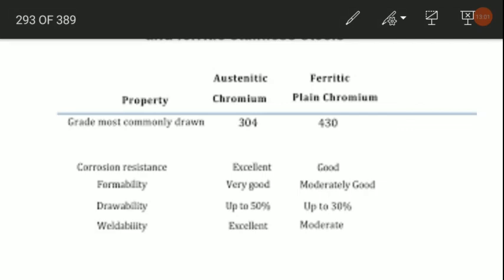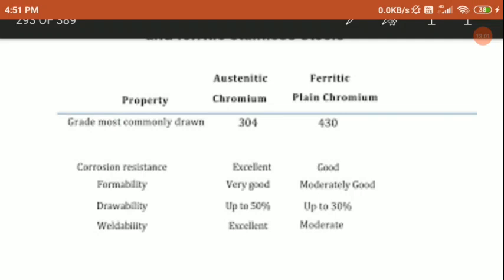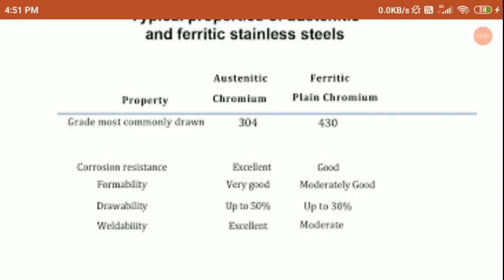Corrosion resistance is excellent for austenitic, whereas for ferritic plain chromium corrosion resistance is good. Formability is very good in austenitic and moderately good in plain chromium. Drawability is up to 50% in austenitic, and for ferritic plain chromium it is up to 30%. Weldability in the case of austenitic is excellent, and in the case of ferritic plain chromium is moderate.